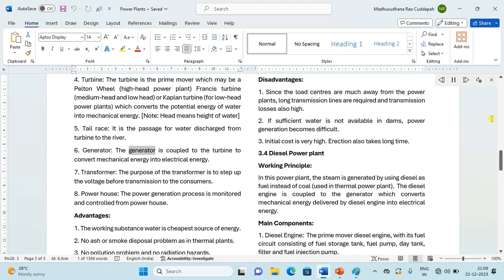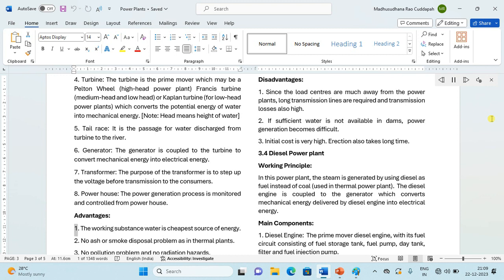Generator. The generator is coupled to the turbine to convert mechanical energy into electrical energy. 7. Transformer. The purpose of the transformer is to step up the voltage before transmission to the consumers. 8. Powerhouse. The power generation process is monitored and controlled from the powerhouse.